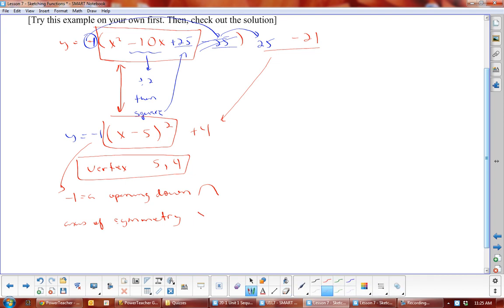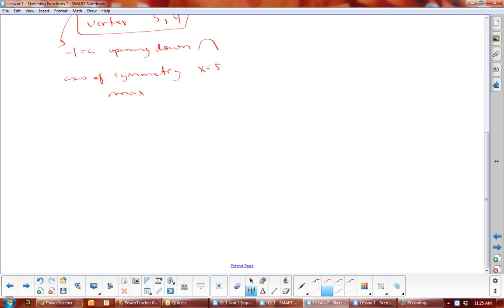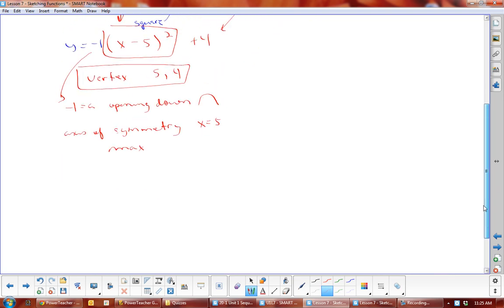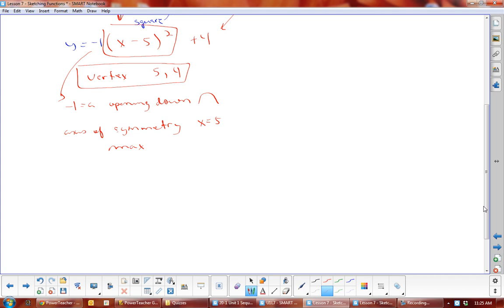X equals 5. Okay, is this going to have a max or a min? Okay, so you want to know if it's opening up or down before you go find your max or min. So the max would be at y equals 4.